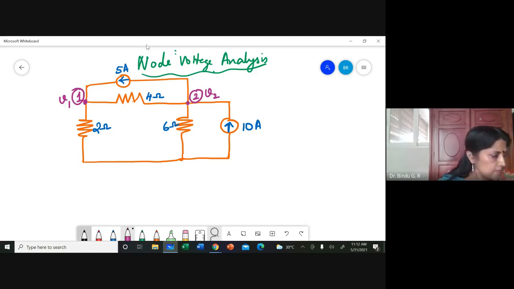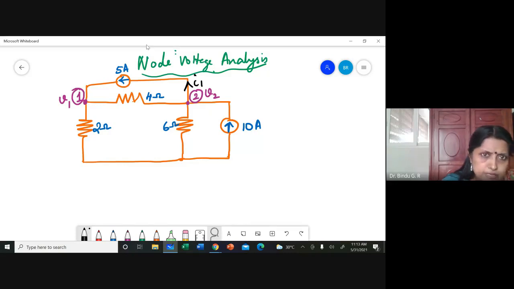Now, they have not given you any current. They have given you current sources, but not written the current through all the elements. But let's write the elements, because this is 10 ampere. Then let me put this as I1. Because in the textbook it was this, I put, that's all. You can put I1 wherever you want.